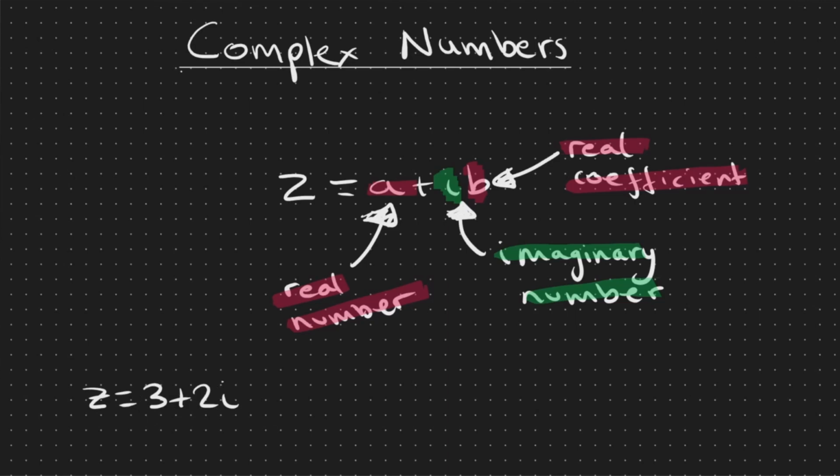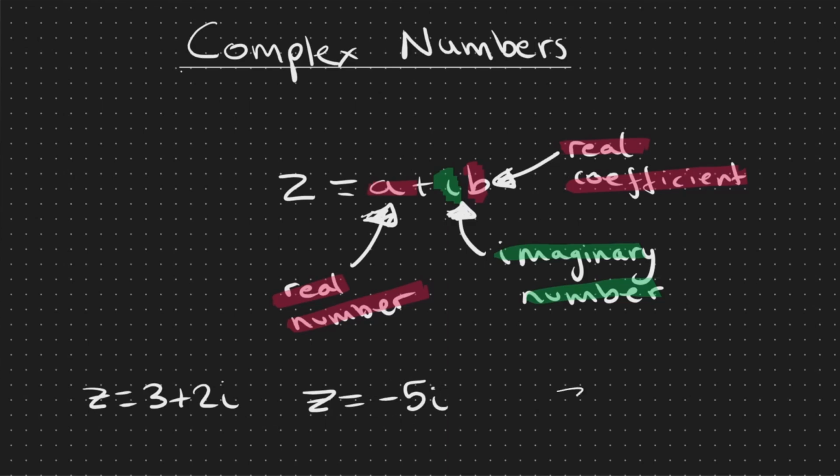Now, what if we were to say z is equal to minus 5i? What would we say then? Well, there's no real part to the number, so the real part is equal to 0, and the imaginary part is equal to minus 5. The real coefficient to the i is minus 5, right here.